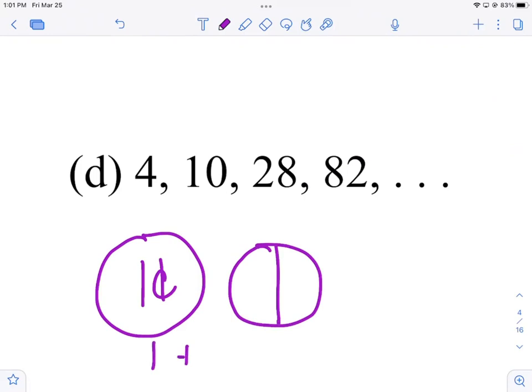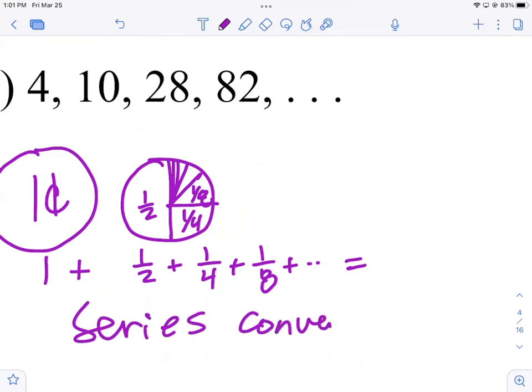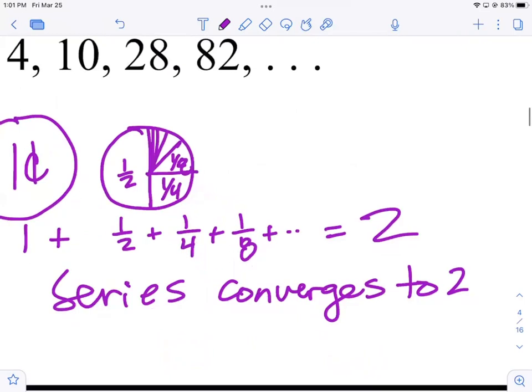You have 1 cent plus another half of a cent, okay, plus another fourth of a cent, plus another eighth of a cent, plus, and you can visually see, right? I know that. This series converges to 2.